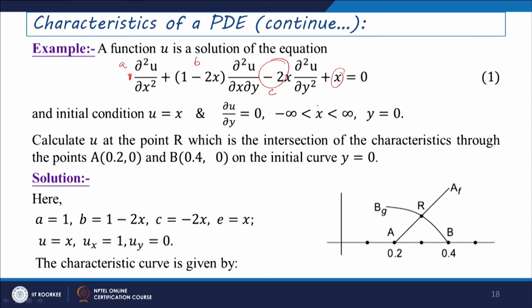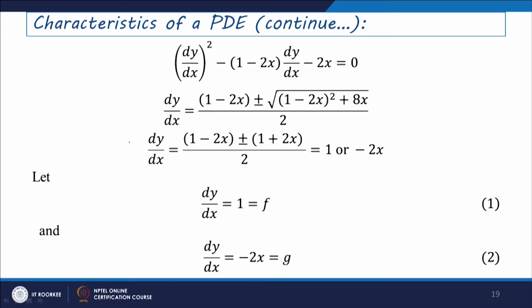We can define u as a function of x, since the initial condition is given as x, and if you take the first partial derivatives, ux can be written as 1 and uy equals 0. The characteristic equation can be written as dy by dx whole square minus 1 minus 2x into dy by dx minus 2x equals 0.